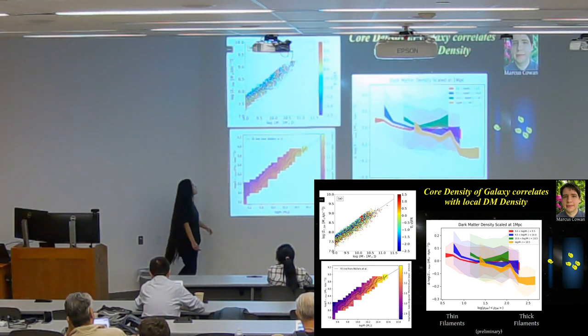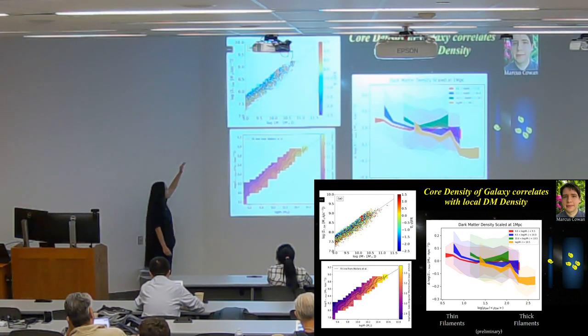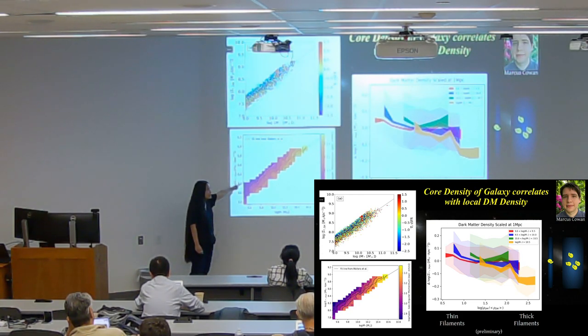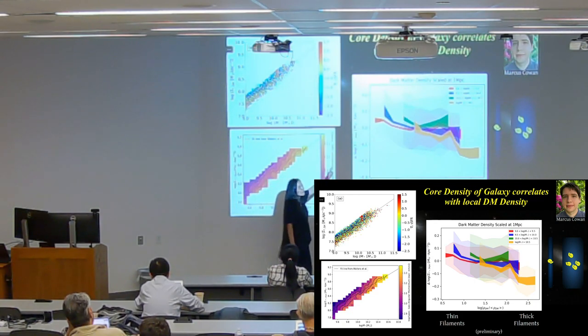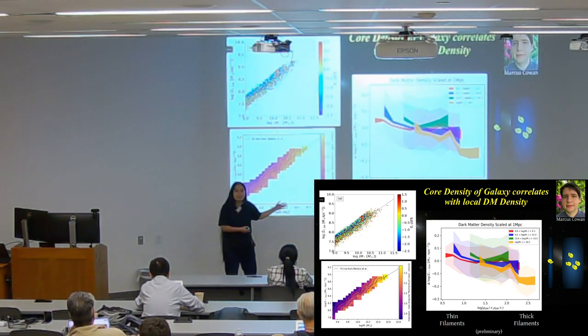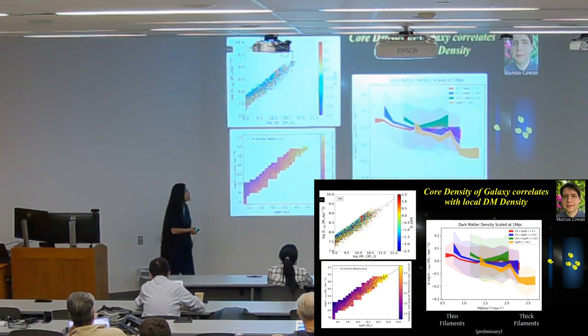Remember that if you're above the line, you tend to have bluer centers, and you tend to be accreting at lower angular momentum. And if you're higher up on the y-axis, you also tend to be in lower density environments or thinner filaments. Again, all divided by stellar mass.